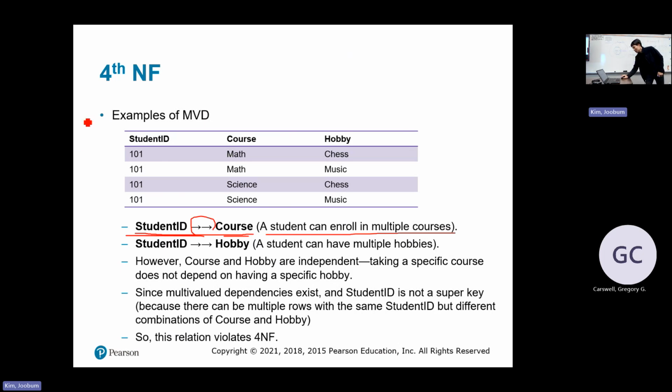And also, student ID can have chess and music or hiking. It's a limited set, limited number of sets, not unlimited. So you can have the multi-value dependency like this. Make sense or confused?